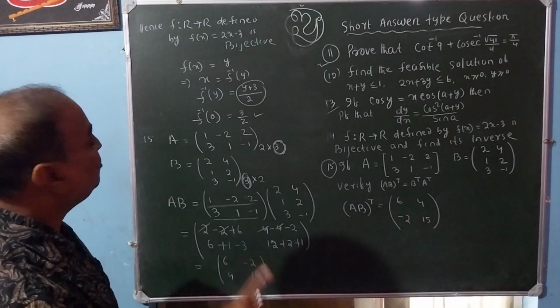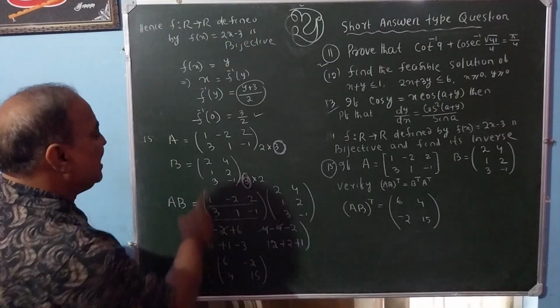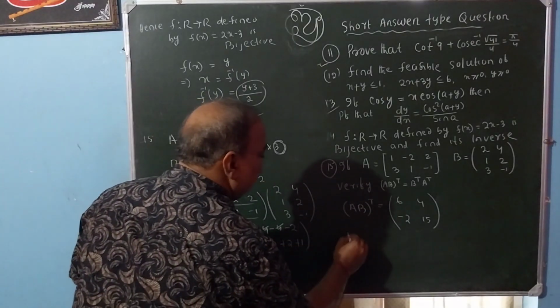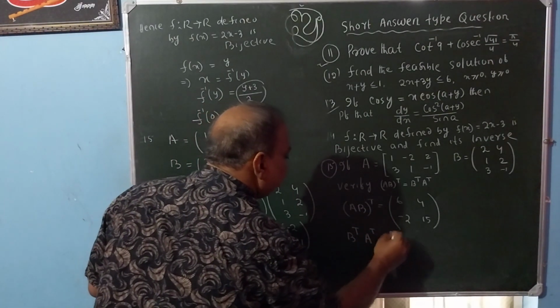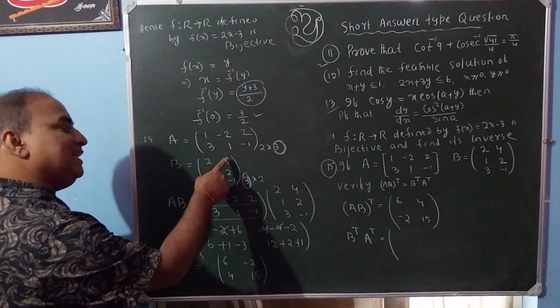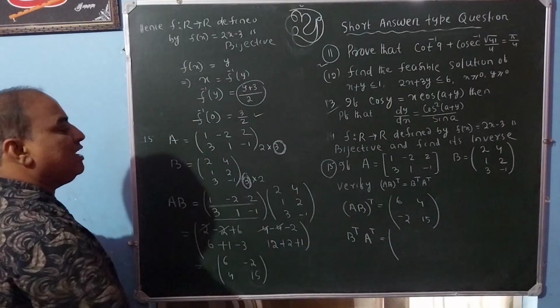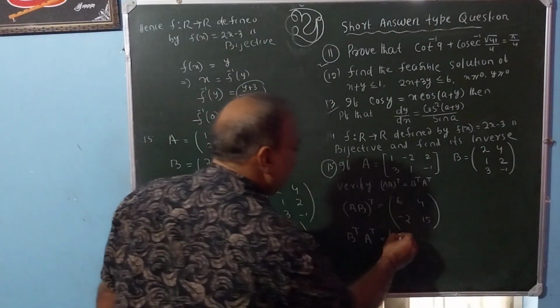Now our aim is to find B transpose into A transpose. B transpose means write down B transpose into A transpose. Here it is B transpose. Rows are changed into columns and columns are changed into rows correspondingly. First column will be the first row.